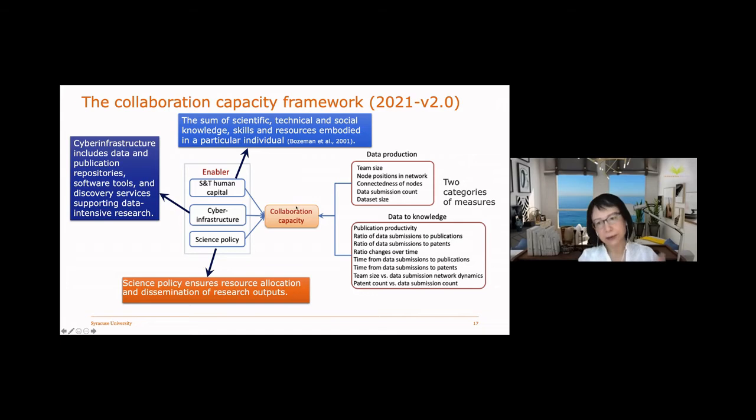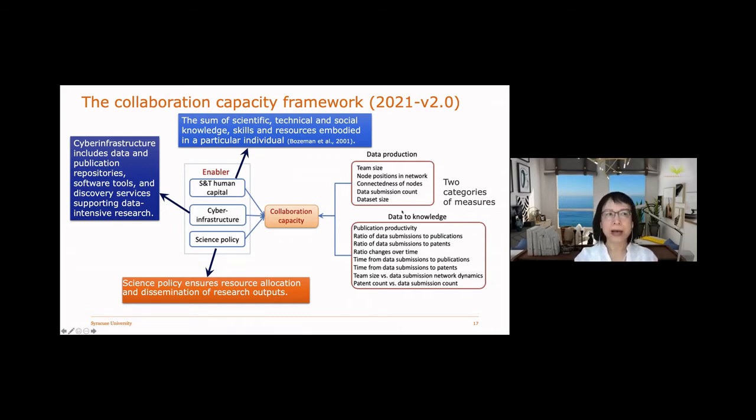So in the next version, we revised our model so that collaboration capacity is something that can be measured by metrics from data production and from the process of data to knowledge.